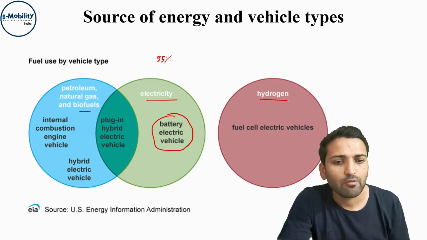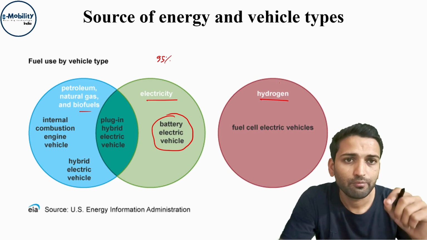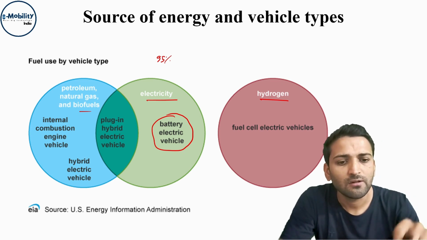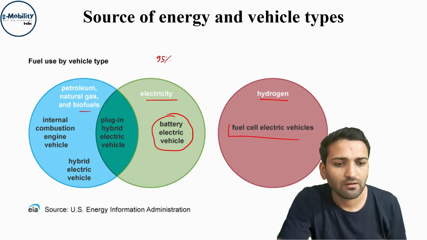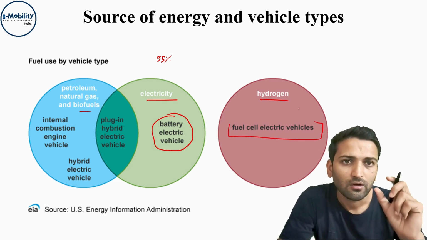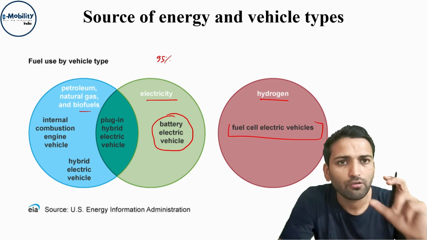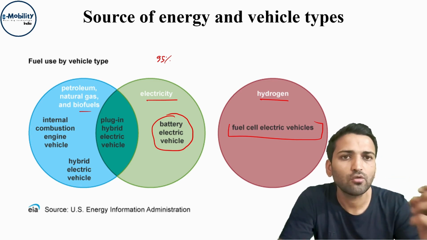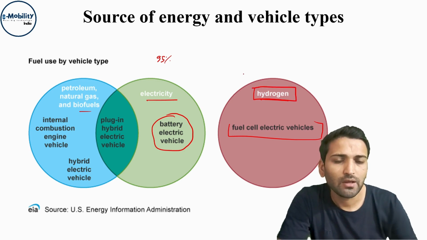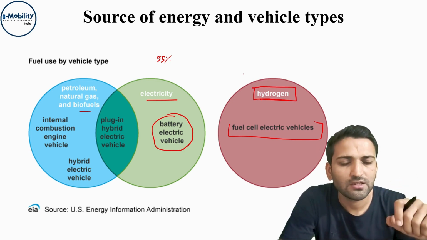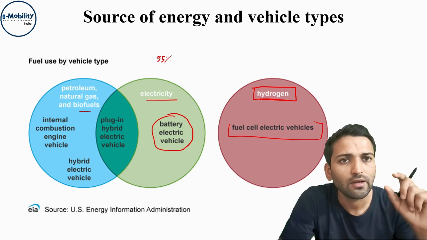The other type of vehicle which is of prominent interest to researchers is the fuel cell electric vehicle. In fuel cell electric vehicles, there is a component called a fuel cell which converts hydrogen into electrical energy. Hydrogen, being a very good source of energy, is used as the energy source, and the fuel cell is the conversion device.